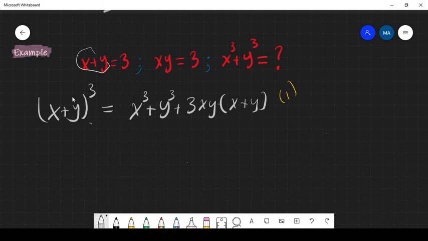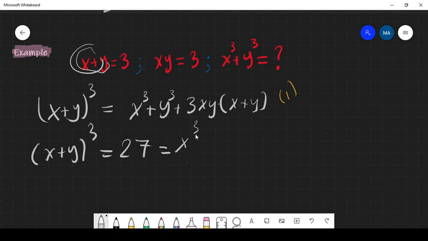So notice, what are we doing? We are doing x plus y cubed. X plus y cubed is equal to what? X plus y is equal to 3. X plus y cubed is equal to 27. Okay, but it is also equal to this. So it is equal to x cubed plus y cubed plus, now 3 multiplied by xy, but xy is 3, right?